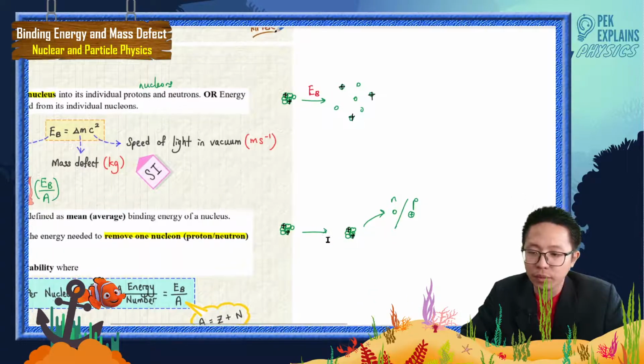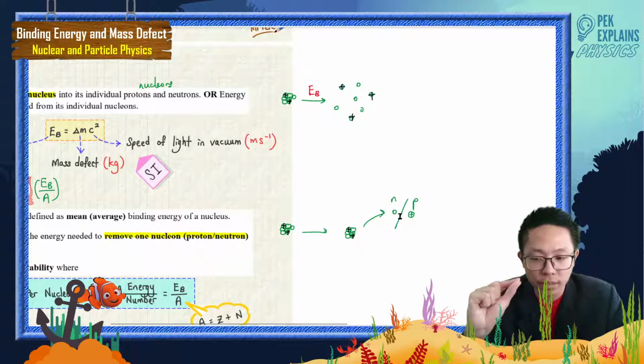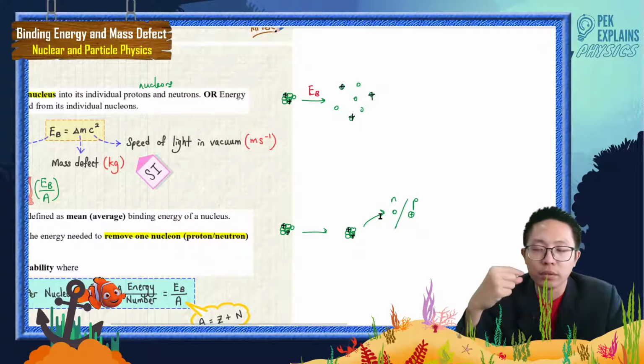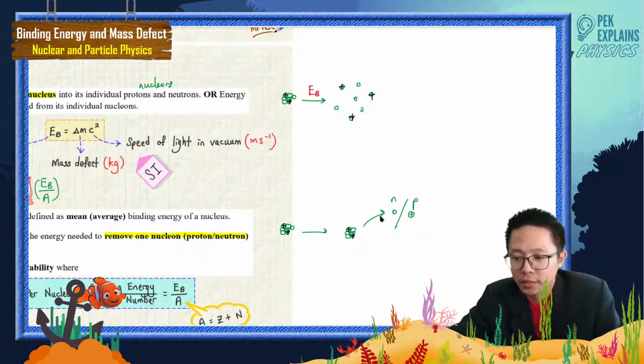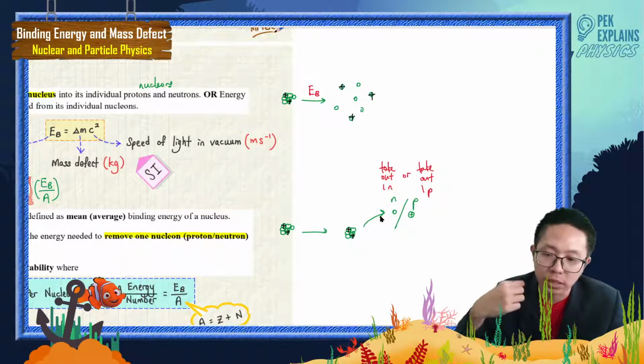But if you just want to separate only one particle from the nucleus, you take out one neutron, or you take out one proton.